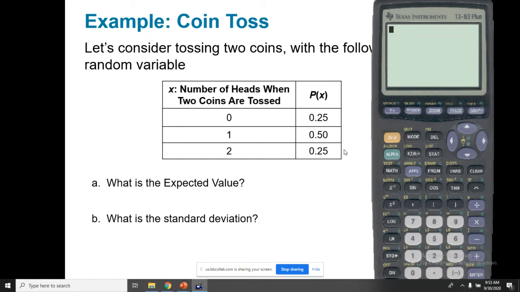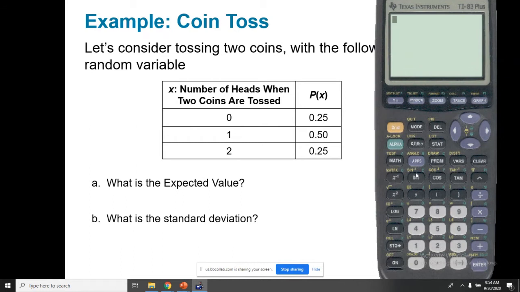We'll go into our one variable statistics, put in list 1, list 2, and pull out the mean and the standard deviation. So the same thing we did for the frequency distribution, we will do the same thing for the probability distribution.